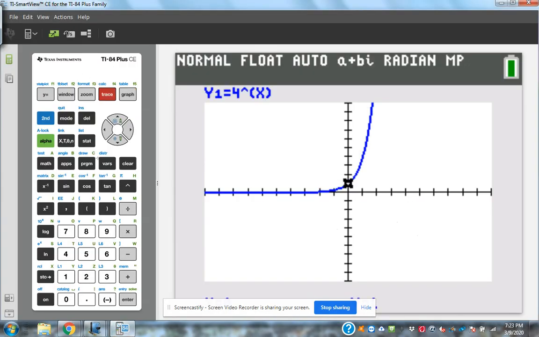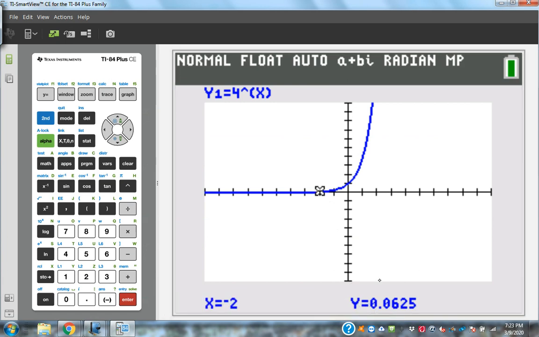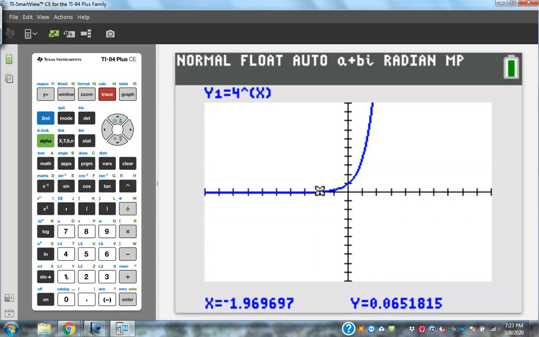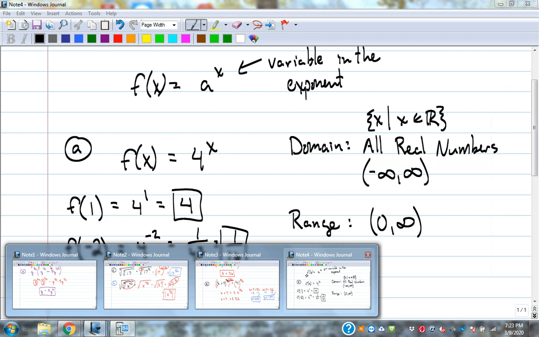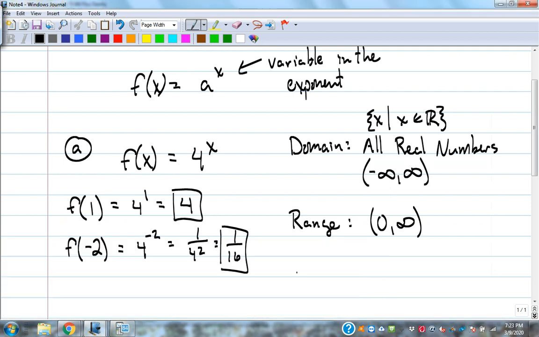You could hit trace and negative 2, and you'd get the decimal equivalent, which is absolutely fine with me. Fractions are great, but the decimal equivalent is okay too. You could hit trace 1 and get that number. If you want to know 8, that's 4 to the 8th power, 65,536. You could get those numbers just by plugging in for x. That's the idea.